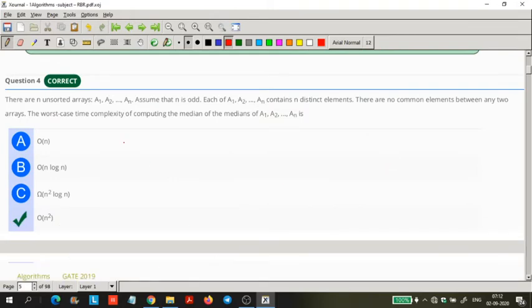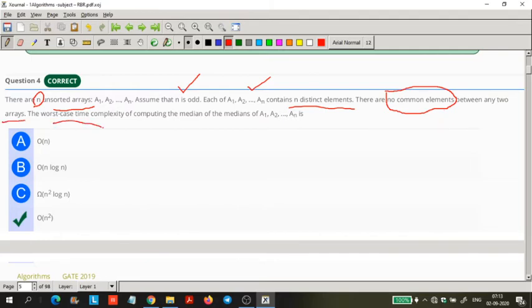Let us consider one more question. There are n unsorted arrays a1, a2, up to an. Assume that n is odd, and each of a1, a2, up to an contains n distinct elements, and there are no common elements between any two arrays.